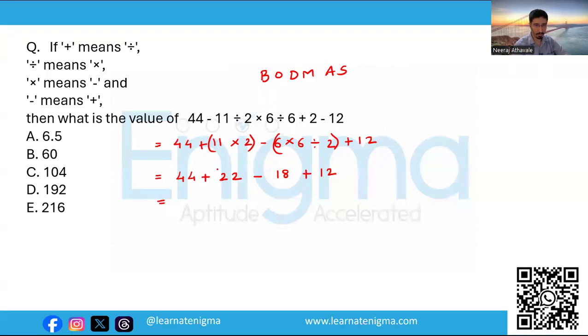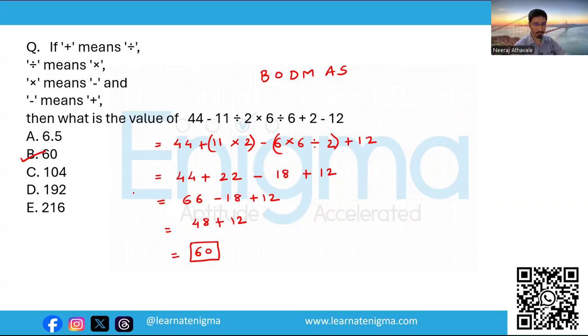Okay. So 44 plus 22, that is 66 minus 18 plus 12. So 66 minus 18, that gives us 48 plus 12. We get the answer as 60. So that is option B.